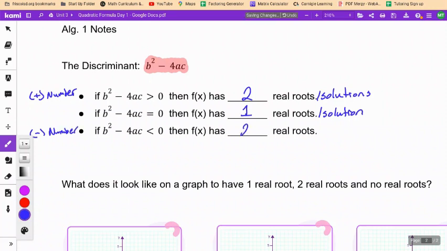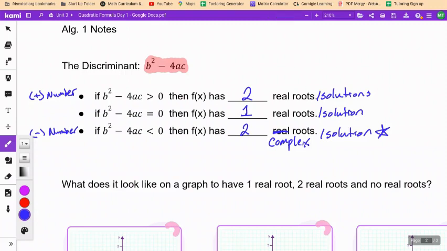Then it has two, and there's a typo here, complex roots or solutions. Okay, we'll concentrate on this one more next week. But it has two complex solutions.